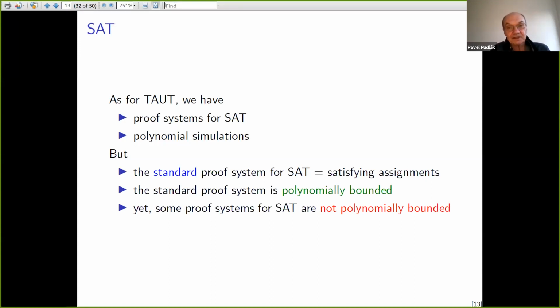But the difference is that there is a standard, very special proof system, and this is just satisfying assignments. If you want to show that a formula is satisfiable, then the best you can do is to provide a satisfying assignment. And this proof system is polynomially bounded. While we believe that there are no polynomially bounded proofs for tautologies, we have a trivially polynomially bounded proof system for SAT.